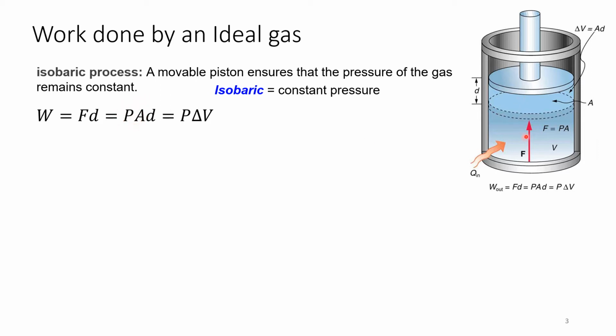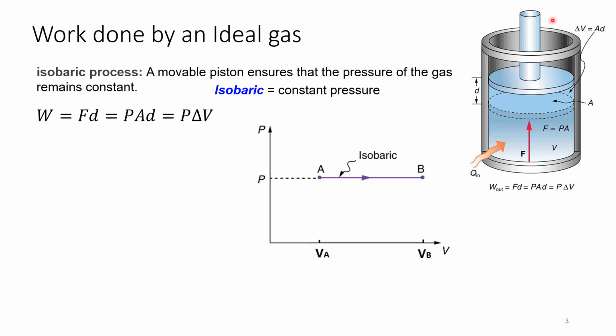And since P is a constant during our isobaric process, we can combine the A and d to get the volume change, delta V, so that the work done by the gas during this expansion is P delta V. And please note it's the isobaric process, so P is a constant.